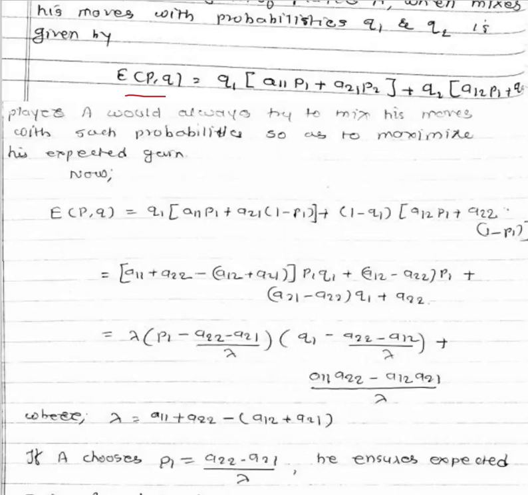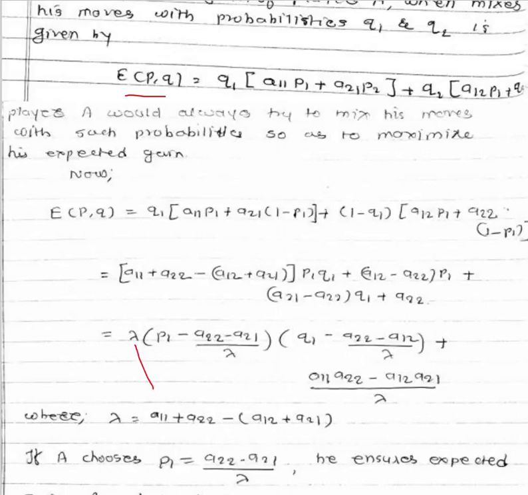Okay, so here we have used lambda for the term A11 plus A22 minus A12 plus A21. So for this term we have used lambda. So what is the next?